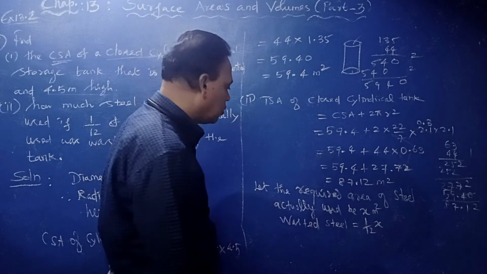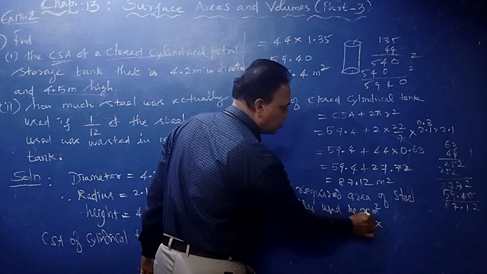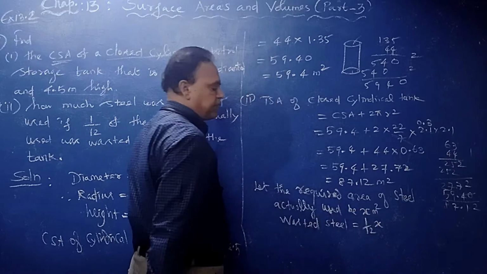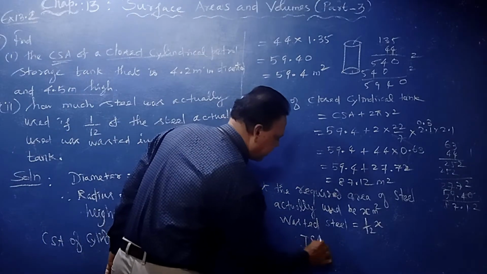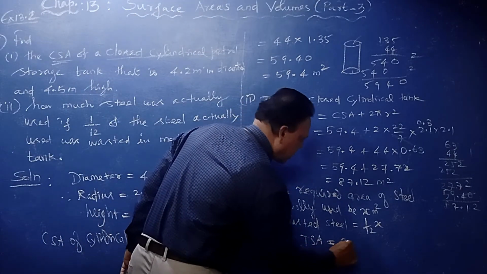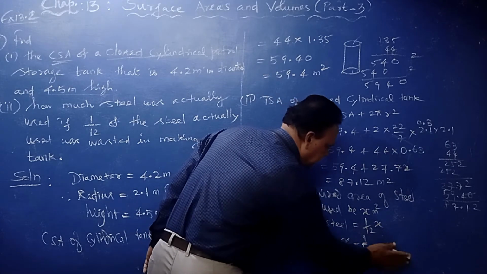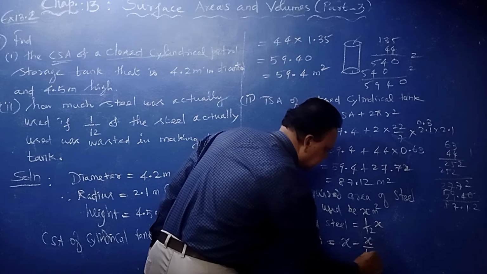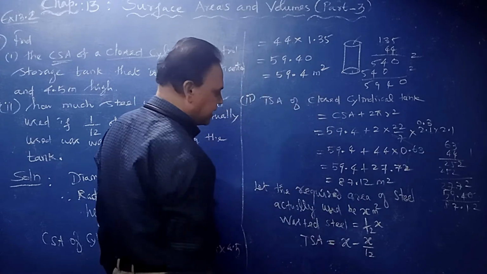Now the total surface area is equal to the actual area minus the wasted. Therefore, TSA is equal to x minus 1/12 x, that can be written as 11x/12.